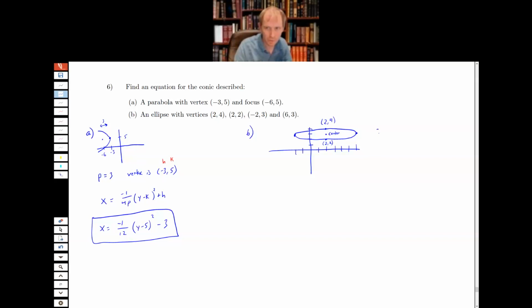So the center is 2, 3. Okay. And the distance in the y direction that we go up is 1. Okay. This is the point 6, 3. The distance in the x direction that we go to go from the center to the edge is 6 minus 2, or 4.